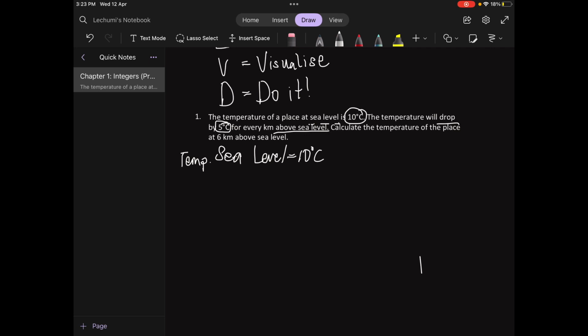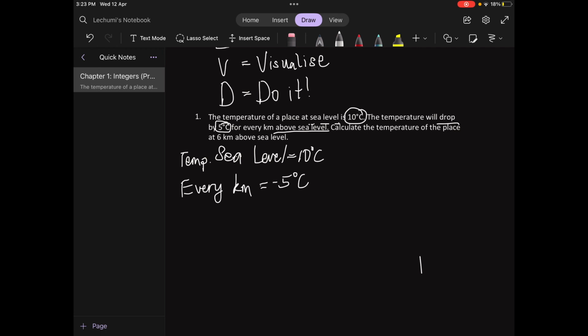So when we say drop, it is safe to assume that it is in negative, because it is dropping by 5, minus 5. So for every kilometer, it is dropping, so we can write down as negative 5 degrees Celsius. It is a change. Now calculate the temperature of the place at 6 kilometers above sea level.